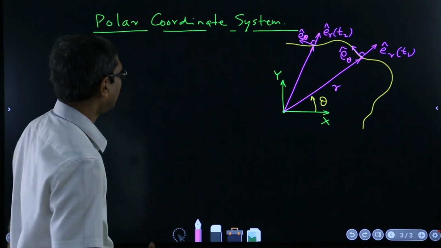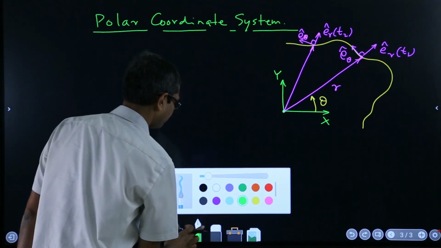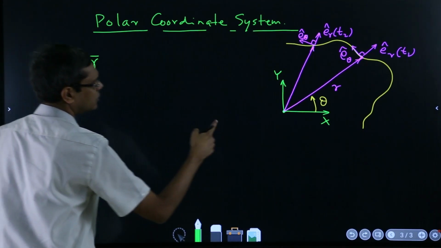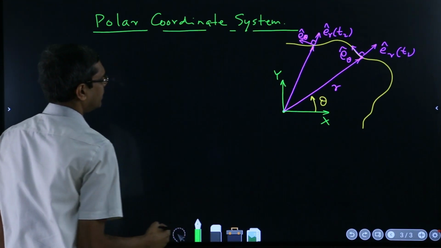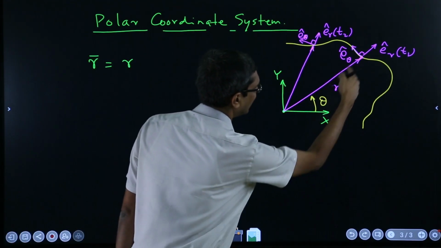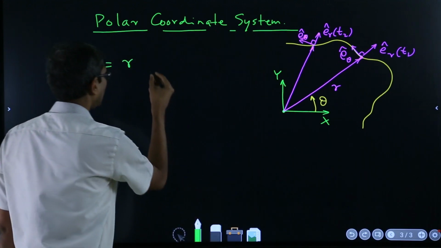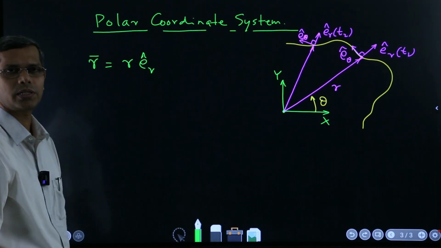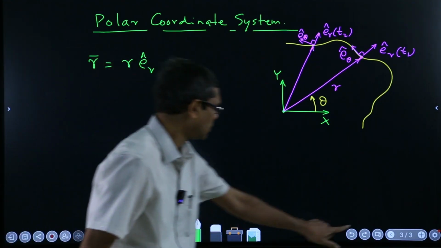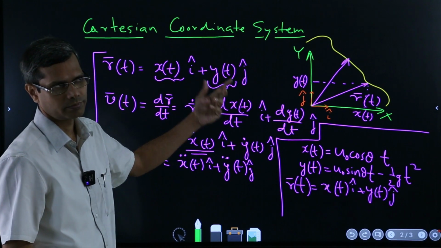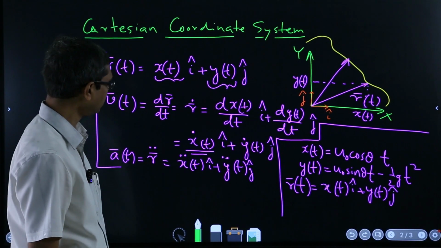Okay. And that means what we have done here, we have represented our r vector. So, now the position vector will be given by r, which is this length basically, times ER. So, this is the unit vector representation of the position vector. If you compare, this was like a component representation, right.